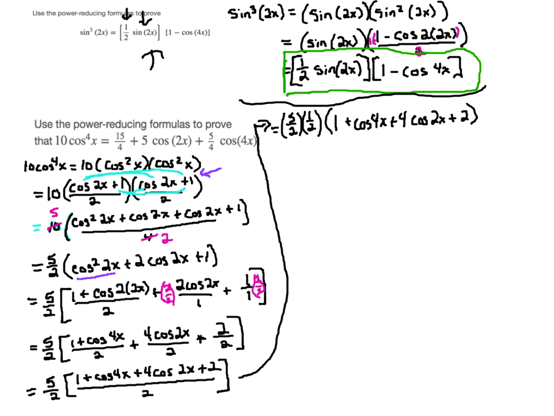Oh, I didn't even see. These snuck by me. I can combine my 1 and my 2 right there. And I'll go ahead and multiply those fractions out front. So this is 5/4 times 3 plus cosine 4x plus 4 cosine 2x.